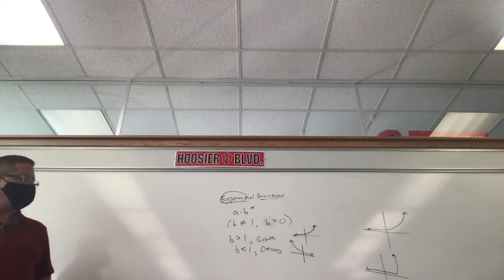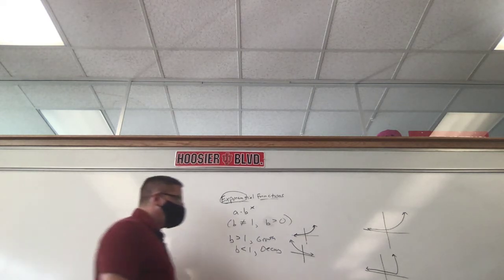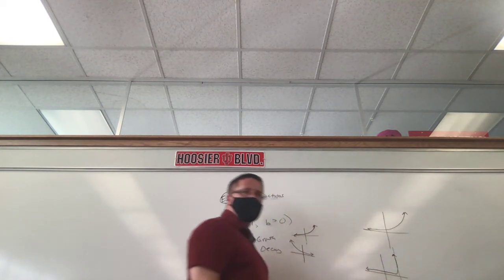I'm going to be very careful on how I say this. Why do you think that's a really bad drawing of that function? Because it goes up. There's a key word that I said there. That's not a function. It fails a certain test. You guys remember that test? Vertical line test. If this goes straight up and down, it fails the vertical line test right there.